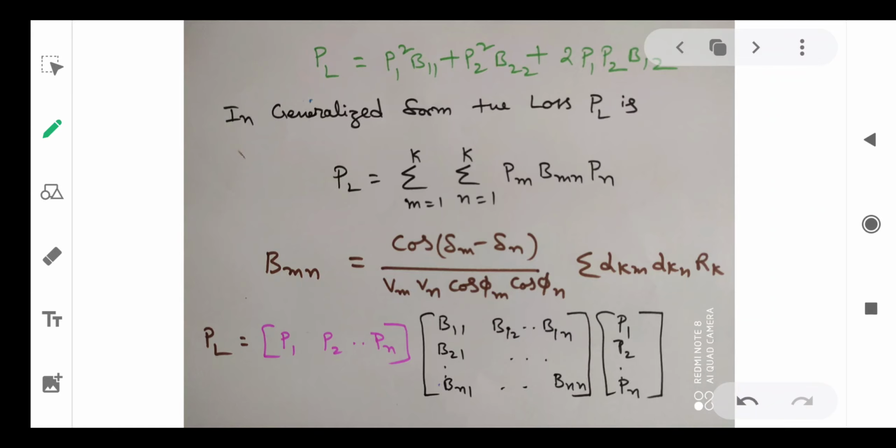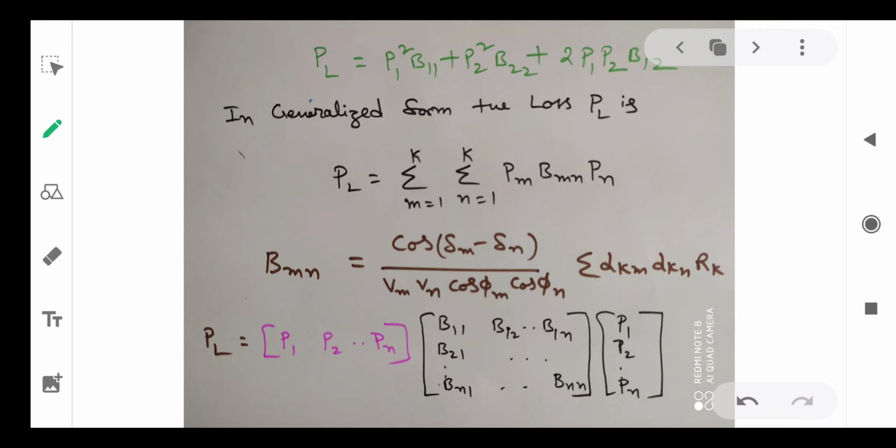PM is the power generation and PN is also power generation. BMN are the B coefficients. Therefore, in standard form, Bmn is equal to cos(delta m minus delta n) divided by Vm Vn cos phi m cos phi n into sigma dkm dkn rk.